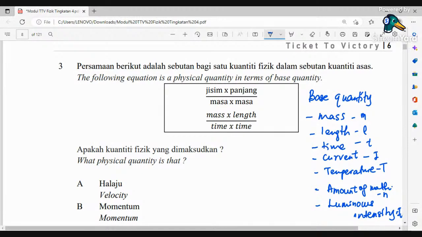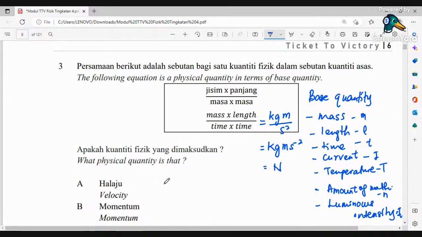Okay. So ini ialah mass times length divide by time times time. So we can write in symbol meter, mass dulu kilogram, kg, length, meter, second times second, second squared, so is kg meter second negative 2. Kg meter second negative 2 actually equals to Newton.